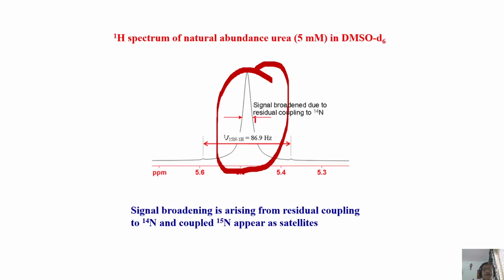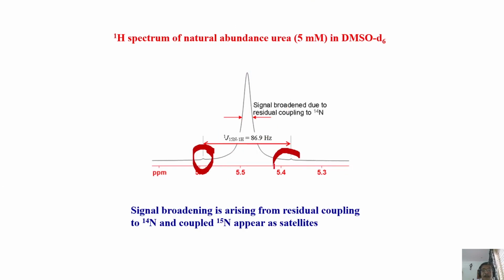It is so broad. Whereas nitrogen 15 is low abundant, 0.37%, but still it is a spin-half nucleus, and that gives us a doublet, nitrogen 15 proton coupling. You can see this is a proton spectrum, NH proton here. This is also NH proton, but this is N15H proton, and this is N14H proton.